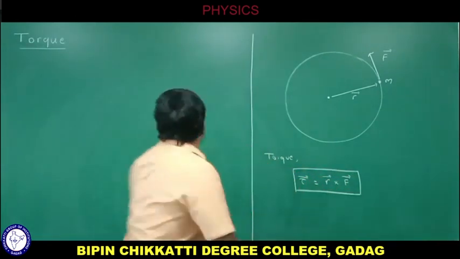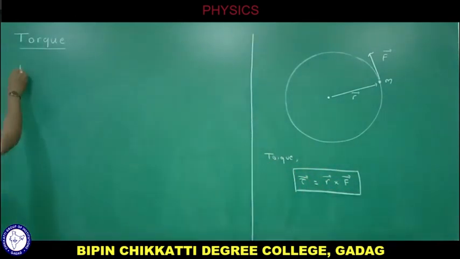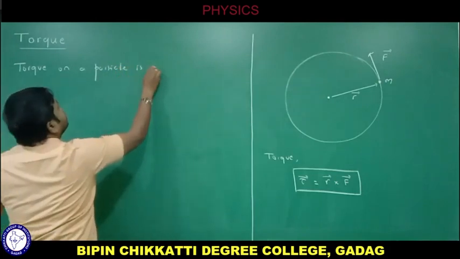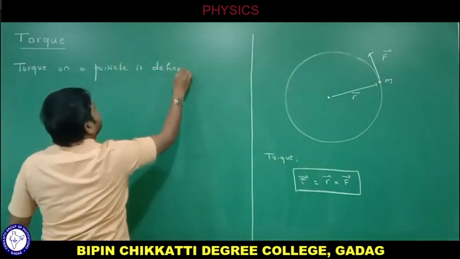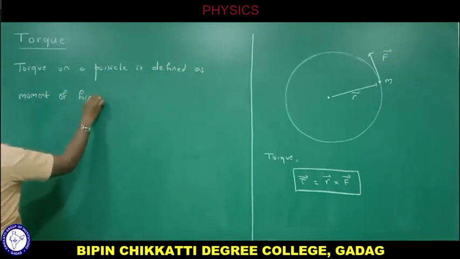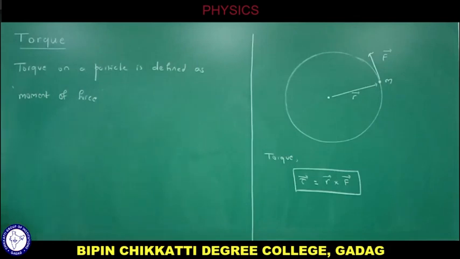Let me write the definition of torque. Torque on a particle is defined as moment of force. What is the moment of force? Position vector into force, right?